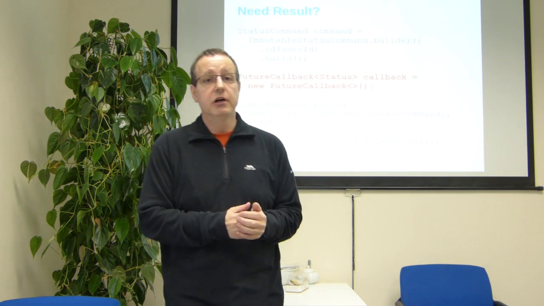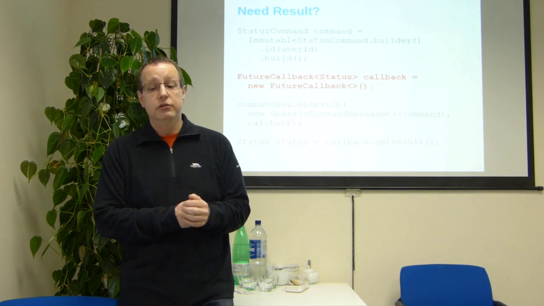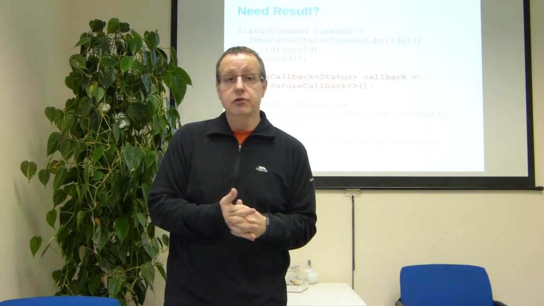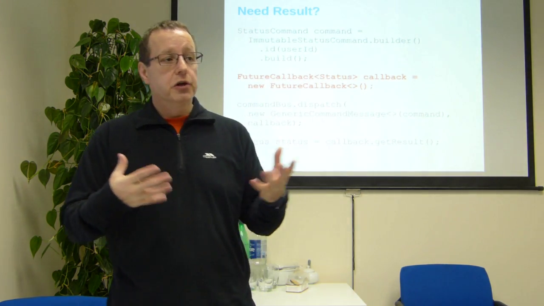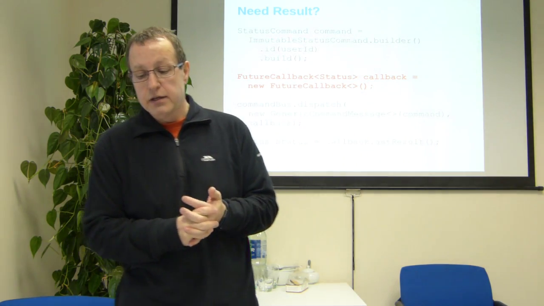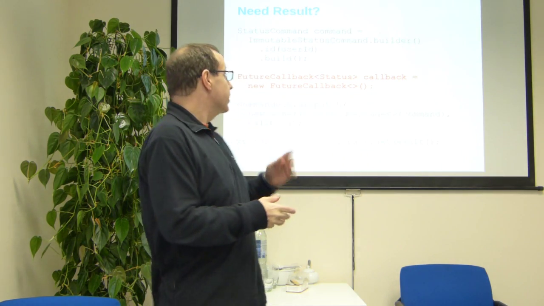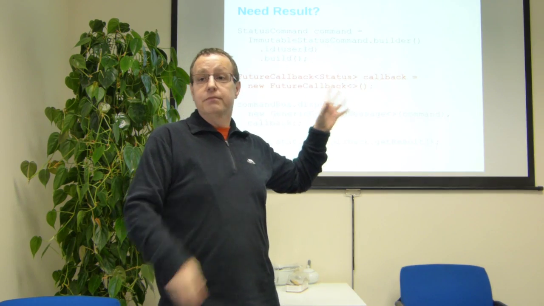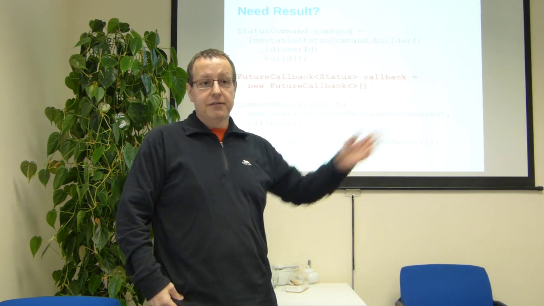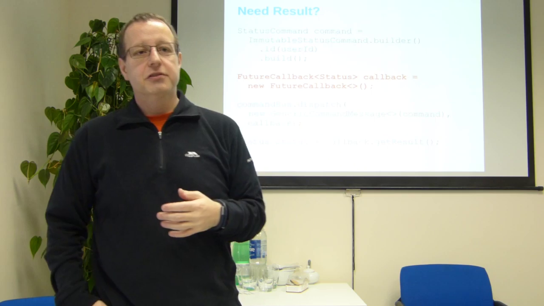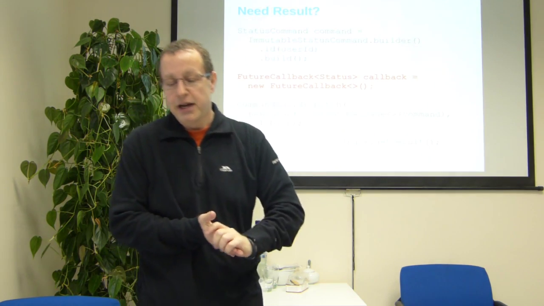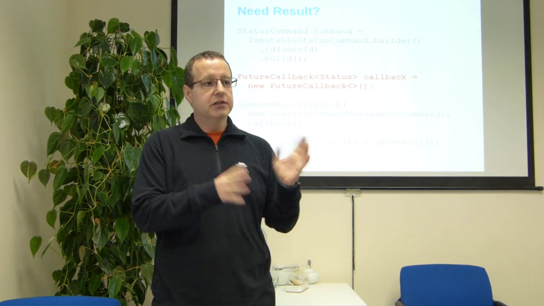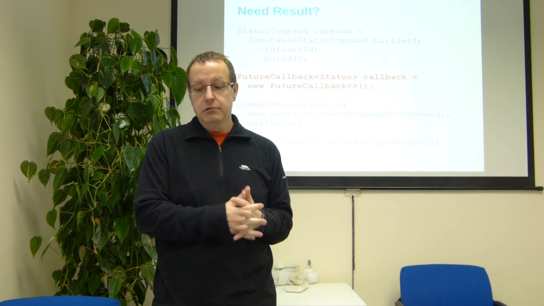But what happens if we do need a result, if we're going to wait for the response, like maybe it's a validation check that you want to see? To do that, they provide a future mechanism with a future callback. Status here is my own class. I'm sending a status command saying what's the status, and I want the status object back. So Status is not an Axon thing, it's my own class.